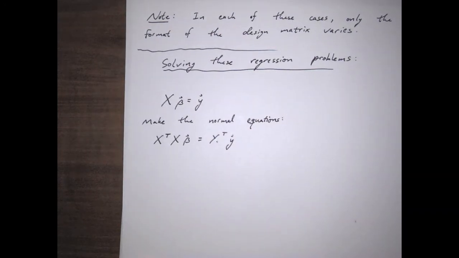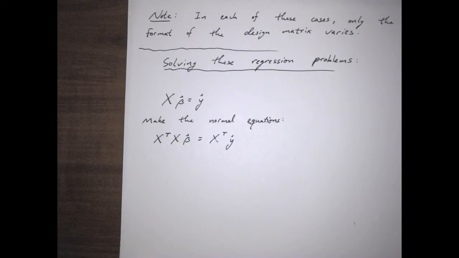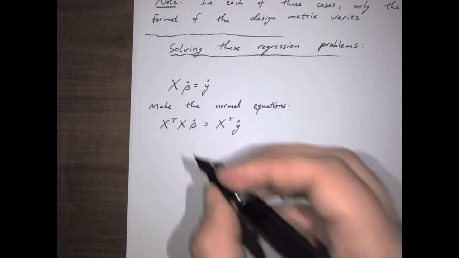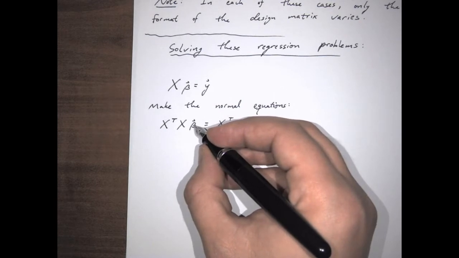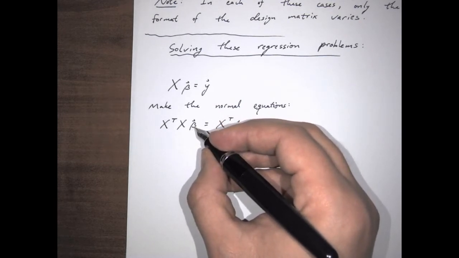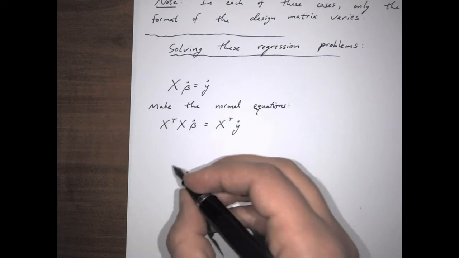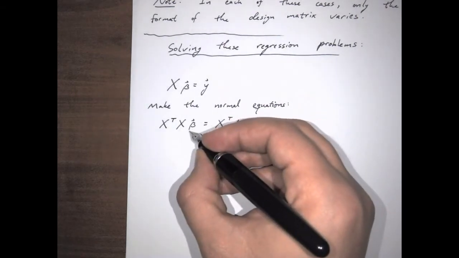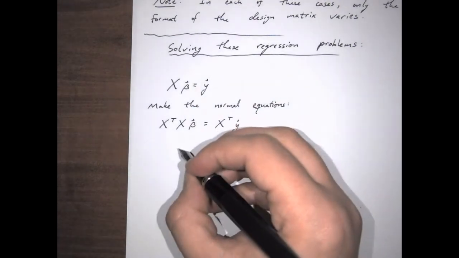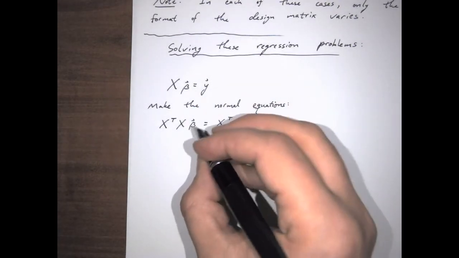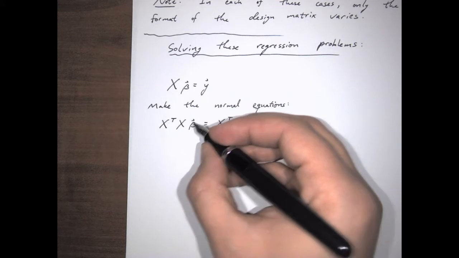Then if we solve these, what we will get is the beta hat, which will produce the projection onto the column space of X, which will then be giving us the least squares fit model.